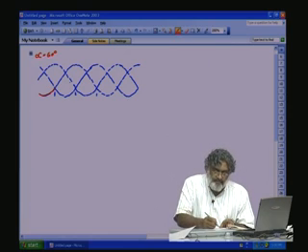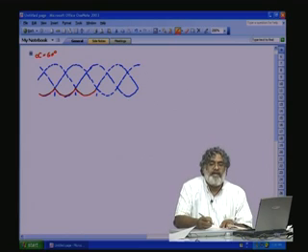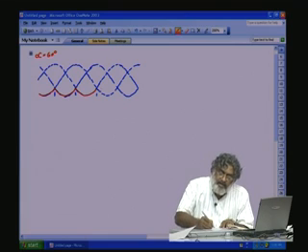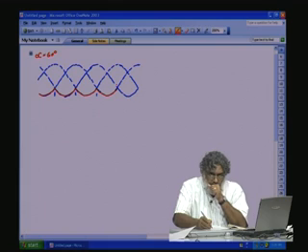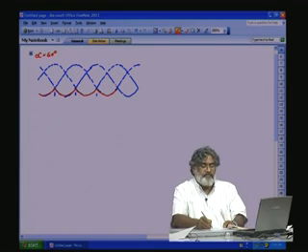This is the diode. The diode on the negative side will always act as a three phase half bridge rectifier configuration. So the ripple is like this.